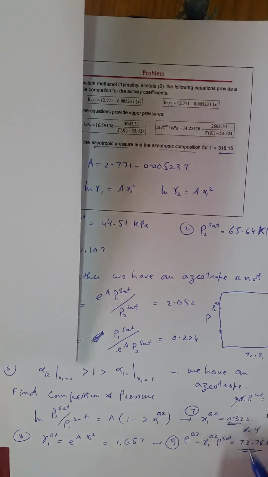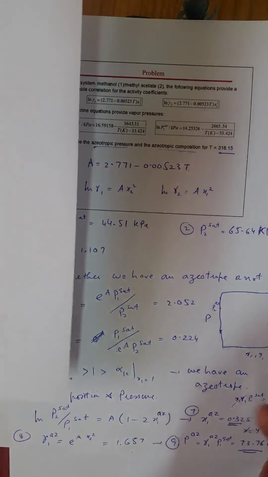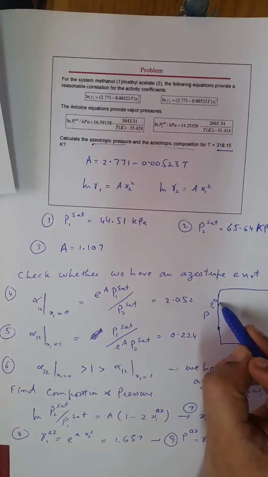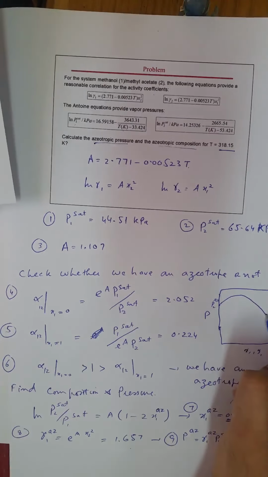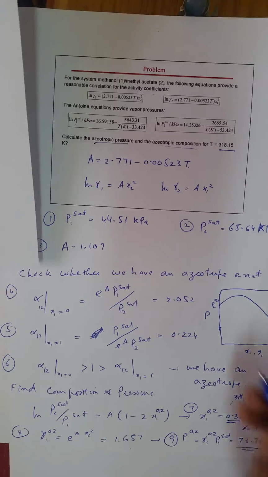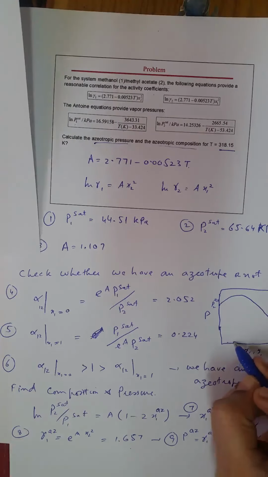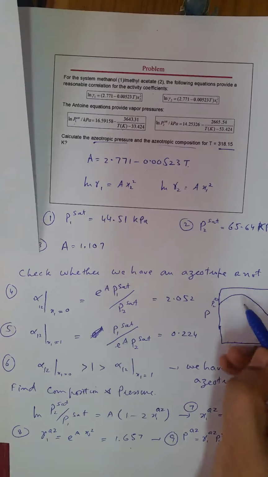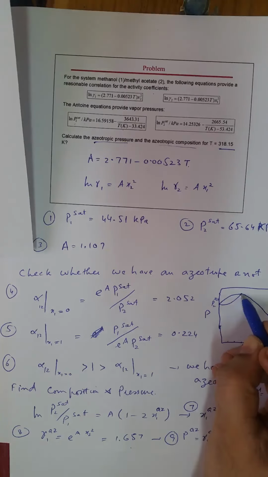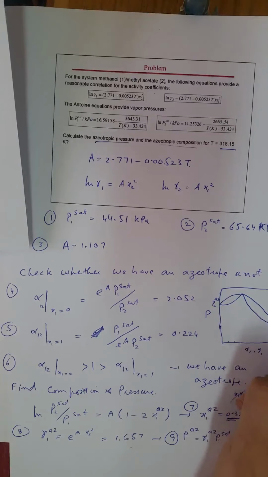So we got the composition, we got the pressure. This pressure is higher than both, so your diagram will look like this shape when you plot. The azeotrope is at 0.325, so this is 0.1, 0.2, 0.3, somewhere here. So your graph will look like this shape.